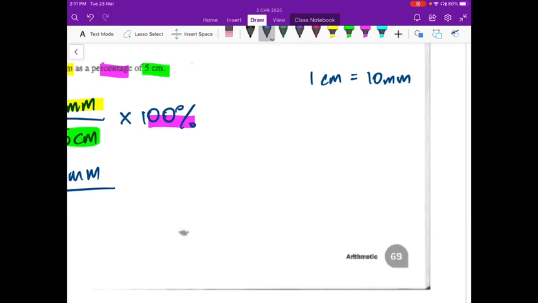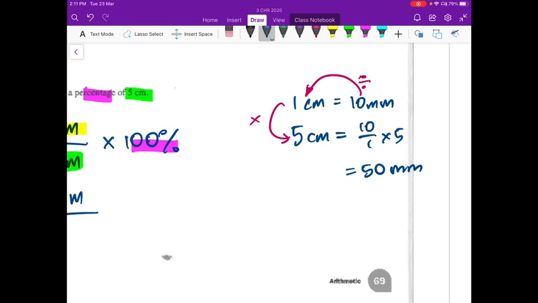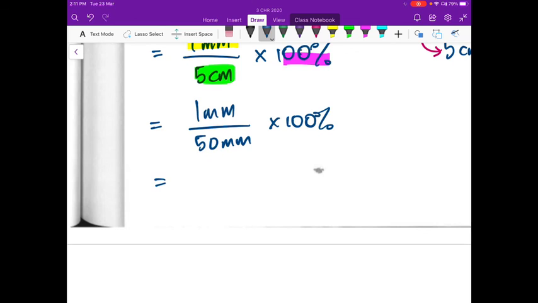Your ruler, you go and count. 10 mm, 1 cm. 5 cm. Then over 1 times 5, 50 mm. Okay, look, it's the same sequence again. That's why I tell you this is very useful. Always use this. Over 50 mm times 100%. 2%.